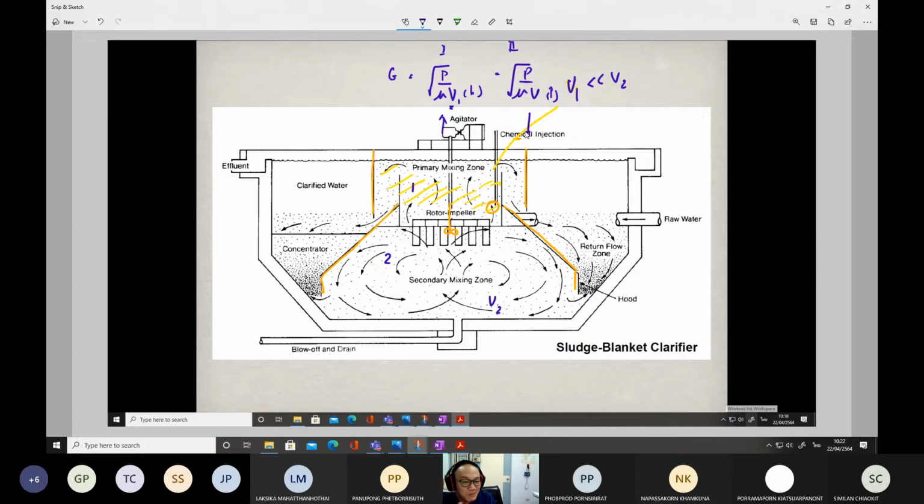So we use the same equipment, but the working volumes are totally different by using the buffer to separate the compartments like this.